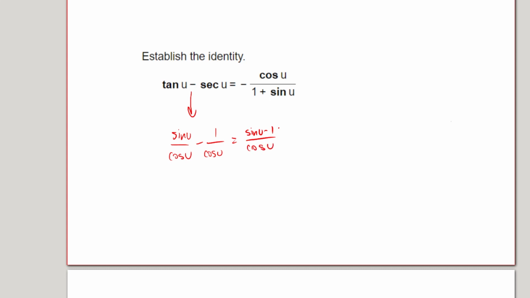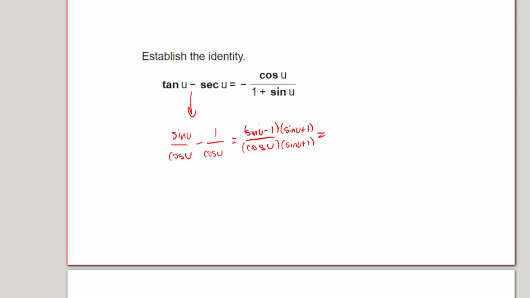Alright? Now, what I want to do is I want to multiply by the conjugate of sine u minus 1 on the top and bottom. And what I mean by that is we just flip this sign in the middle right here. So you see how we have sine u minus 1? I'm going to multiply by sine u plus 1 on the top and bottom.